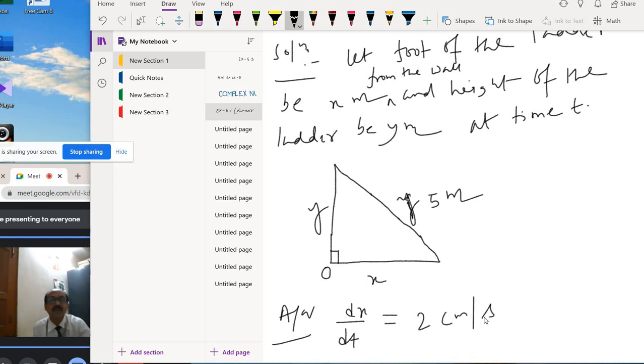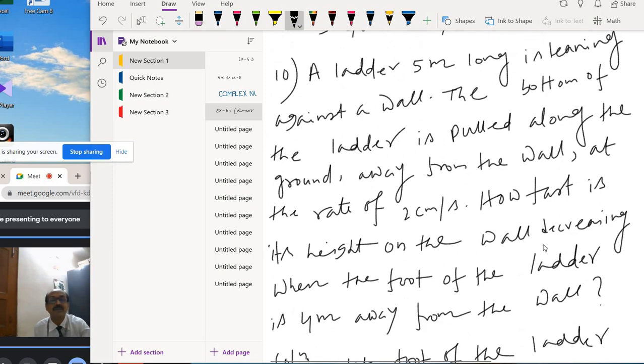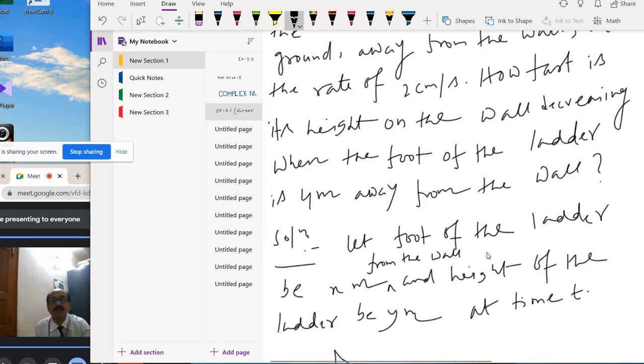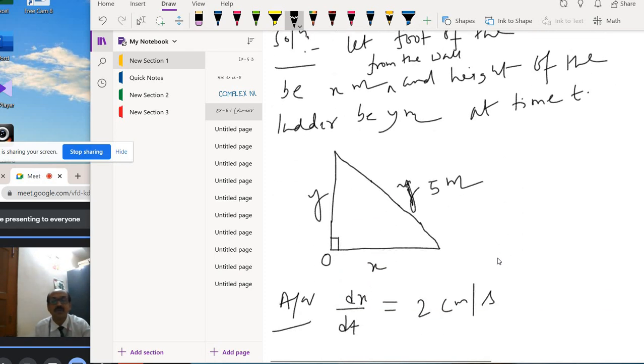And how fast is the height, that is dy by dt, decreasing when the foot of the ladder is 4 meter, when x equal to 4.